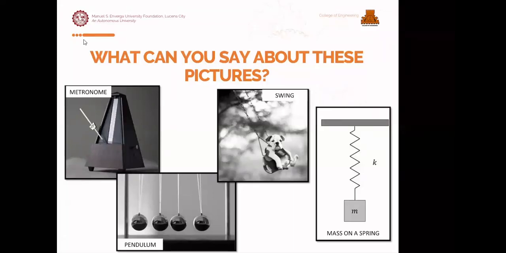So kung tingnan natin, 'di ba, yung metronome, kung hindi kayo familiar, usually ginagamit sa music or sa psychology. Yun siya yung kapag hinawakan mo siya, tapos ni-release mo siya from your hands, magmo-motion siya ng ganun, yung metronome, yung first picture natin. Then we have a pendulum, 'di ba?